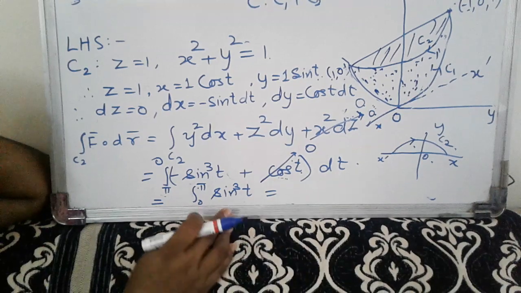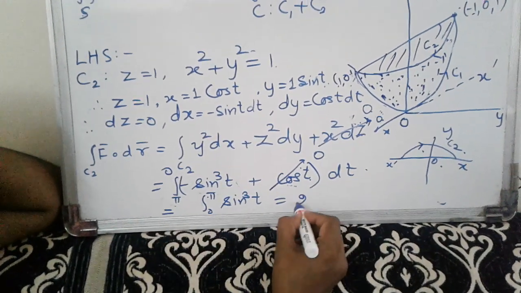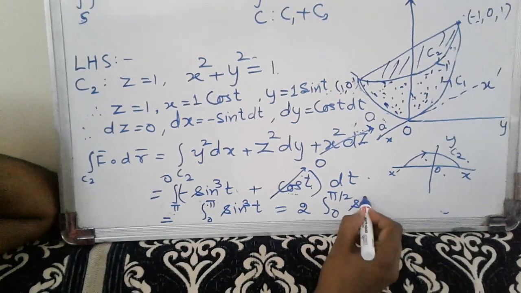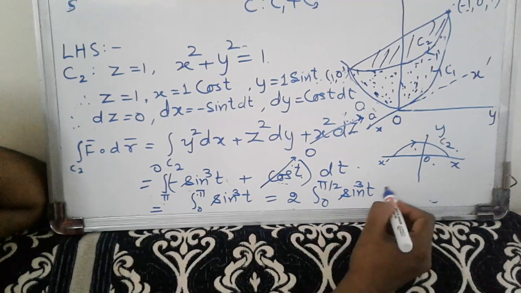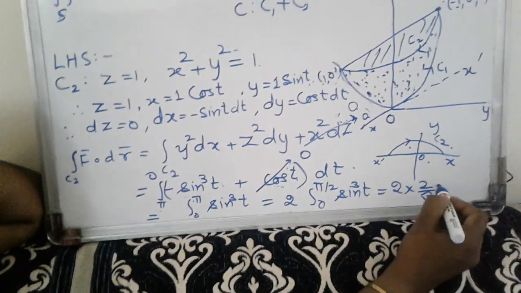And now we'll apply the quadrant rule to this part, and this is twice of 0 to pi by 2 sin cube t. Using the reduction formulae, we get the answer as 2 into 2 by 3, that is equal to 4 by 3.